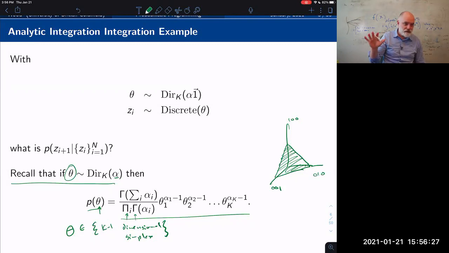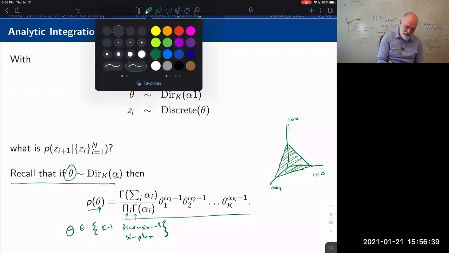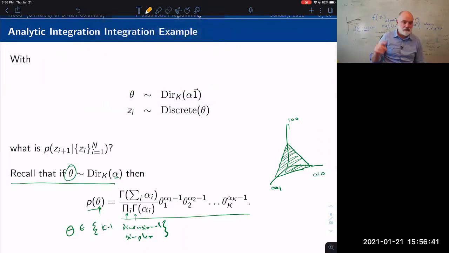A vector whose elements sum to 1 is a probability distribution. Which means that a Dirichlet distribution is an analytic distribution that allows you to express your beliefs about what a probability distribution should be.